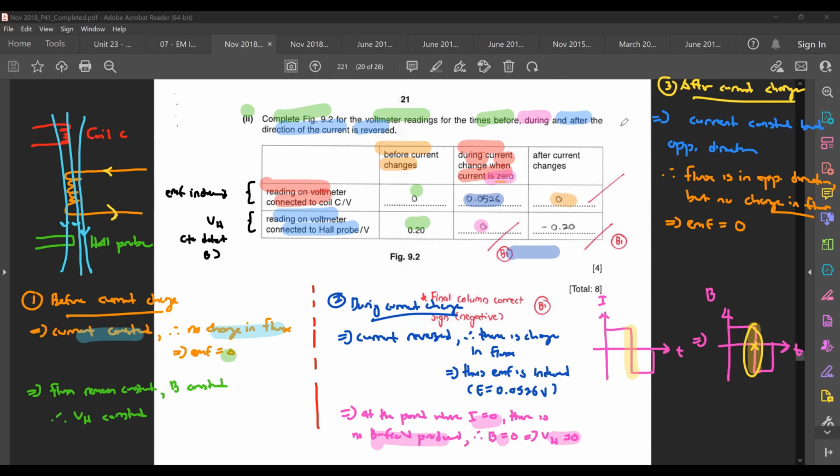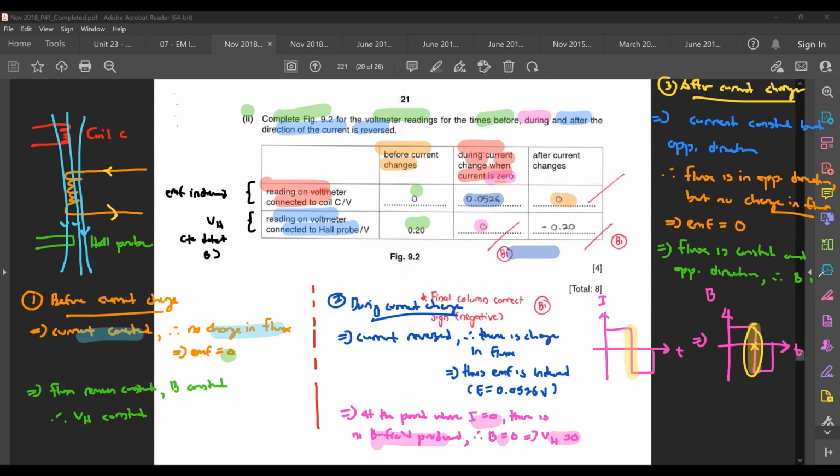And then after that, when you talk about the second part about the flux, your flux is constant, opposite direction.